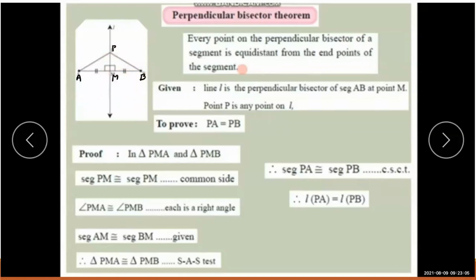So that is all given, and we have to prove that point P is equidistant from A and B, the endpoints of the segment.